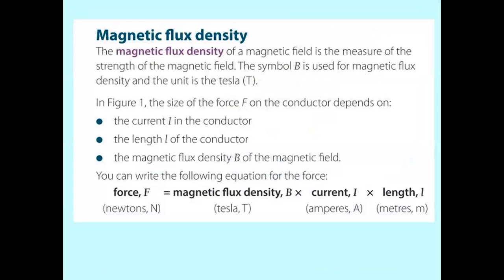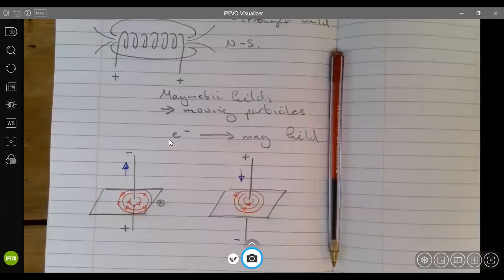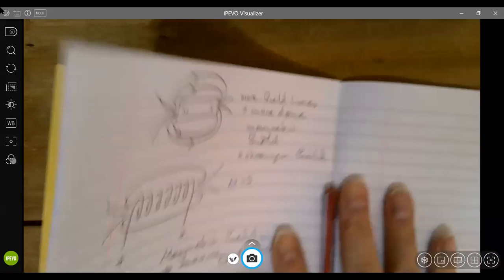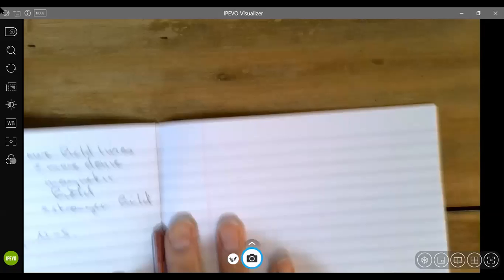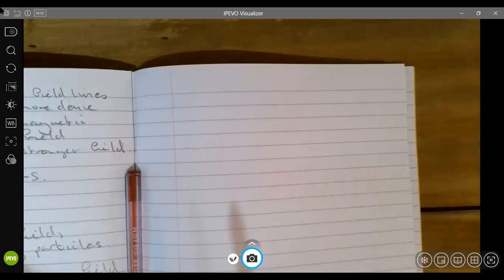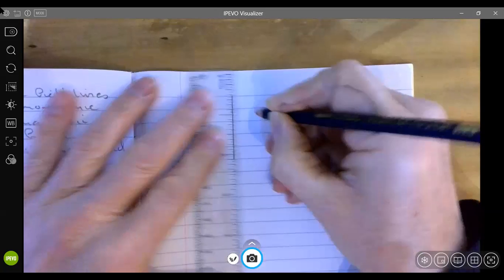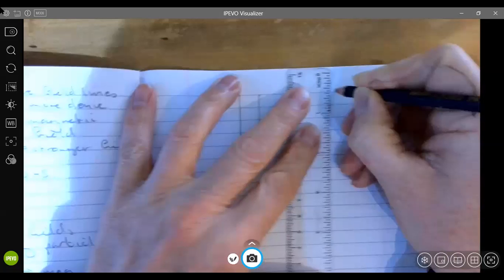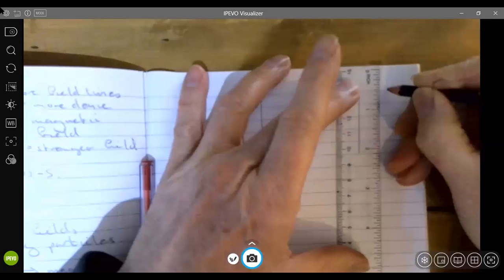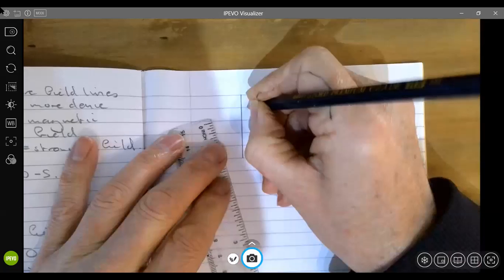The magnetic flux density is determined by the strength of the magnetic field, north and south.